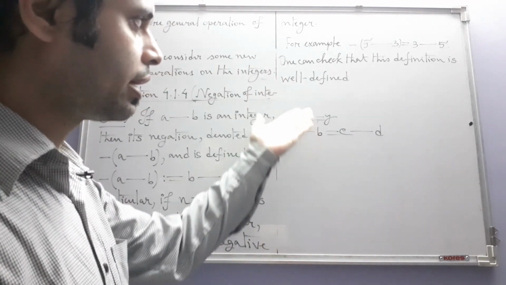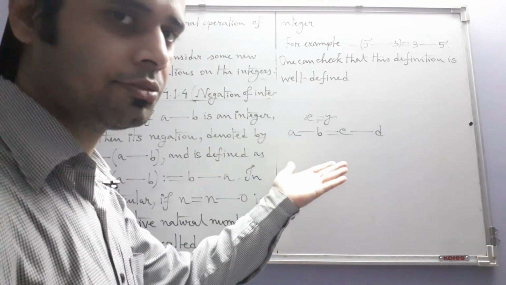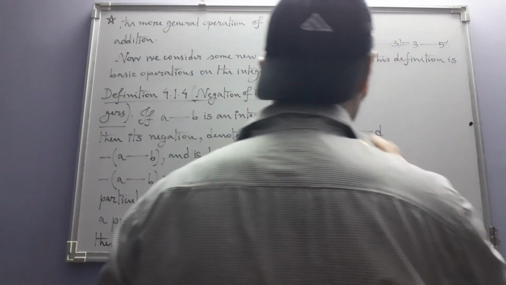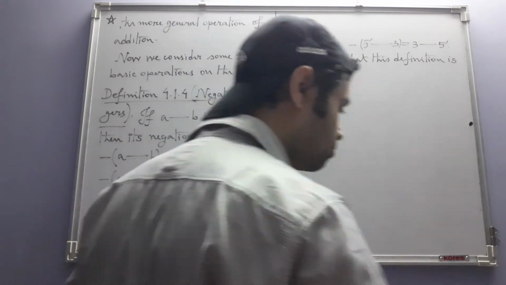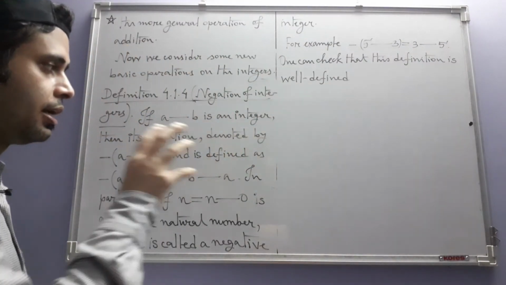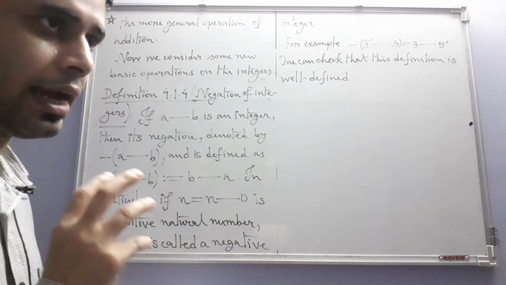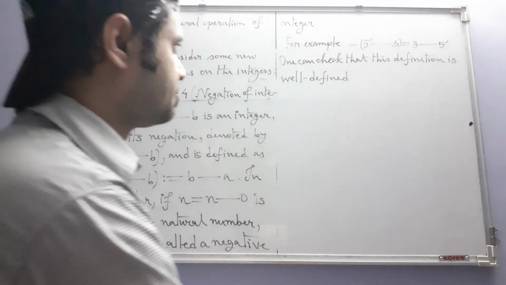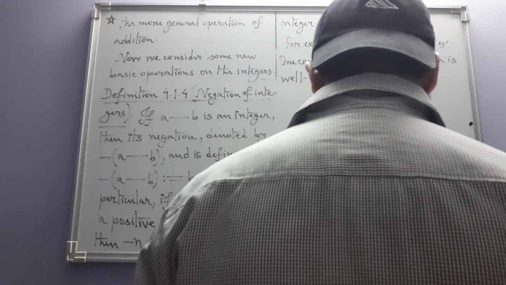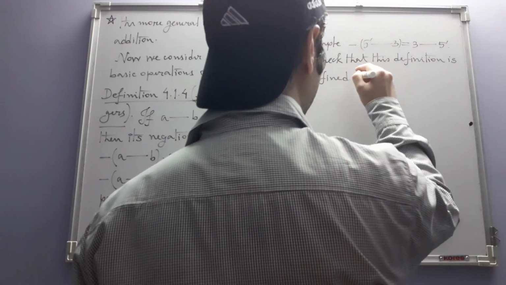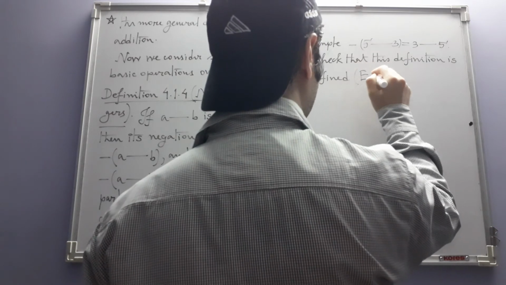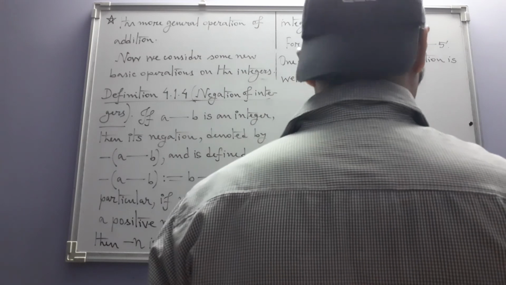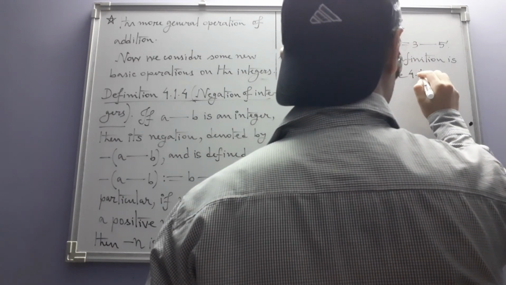Just like we proved that addition and multiplication are well defined, we have to prove negation is also well defined. And in proving this well definedness of these operations, we are actually verifying that substitution axiom. This, however, will be seen in the second exercise at the end of this section, exercise 4.1.2.